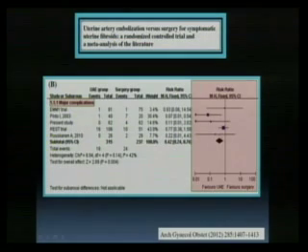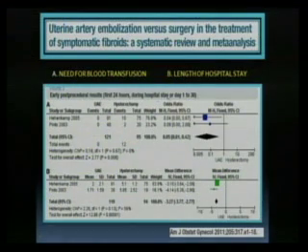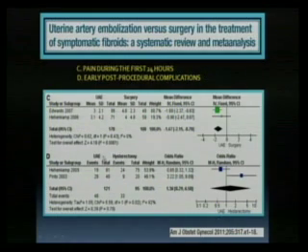You would see that although in most of the trials the confidence interval crosses the line of no effect, the diamond, which is the pooled result, is off the line of no effect, meaning it favors uterine fibroid embolization. And then in the other meta-analysis, you would see that need for blood transfusion and length of hospital stay both favor fibroid embolization. And then pain during the first 24 hours favors fibroid embolization.